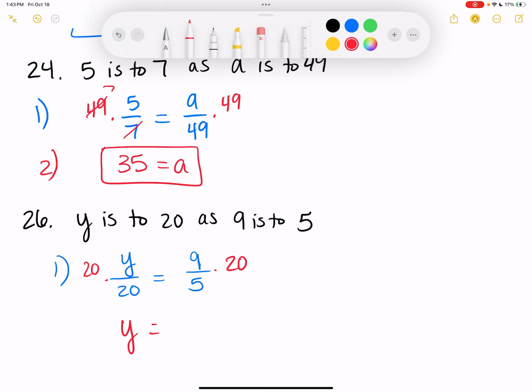How'd you get 26? That's what I said, 36. You said 26? That's why I was like, huh? I was like, I don't think so, so I was like, let me do it again. Yeah, 36. 5 goes into 20 4 times. 4 times 9 is 36.